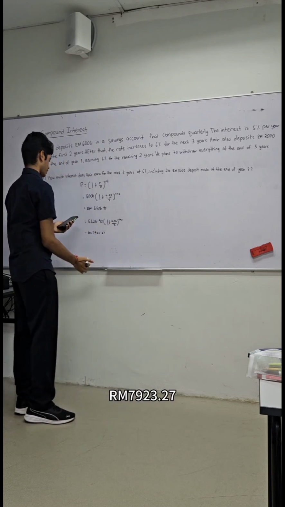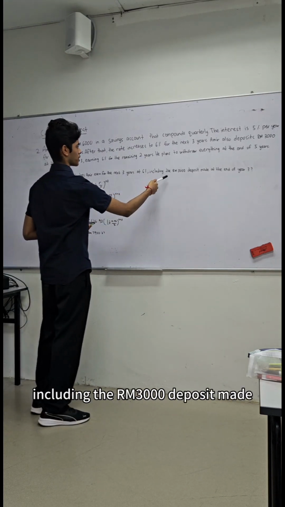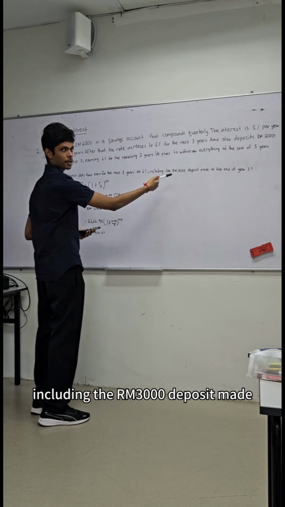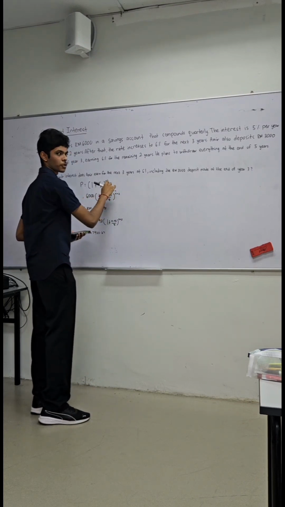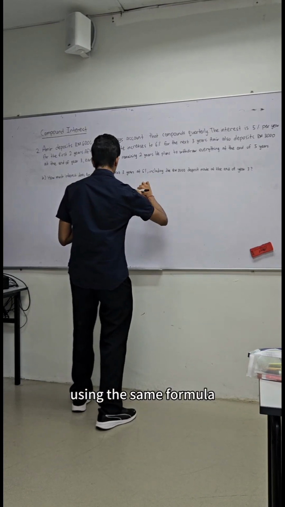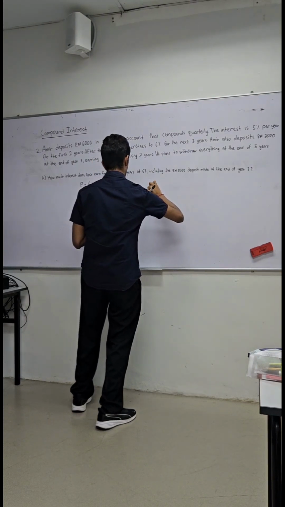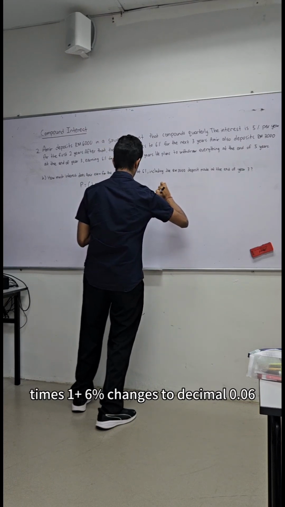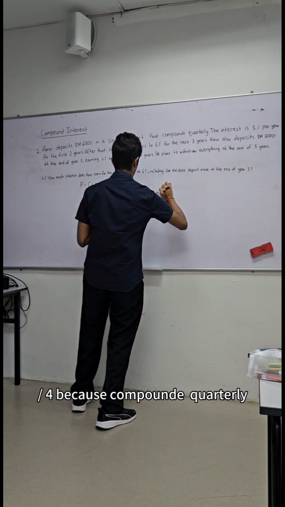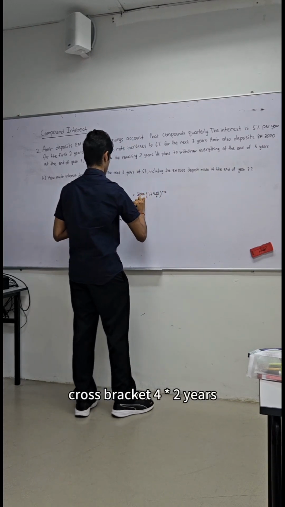7,923 ringgit 27 cents. They are also asking, including the RM3000 deposit made at the end of year 3. So, using the same formula, we will put P as 3000 times 1 plus 6%, change it to decimal, 0.06 divided by 4 because compounded quarterly, close bracket, 4 times 2 years.